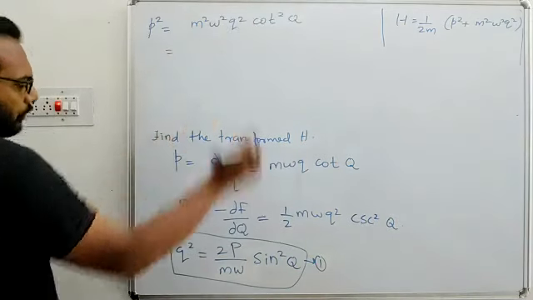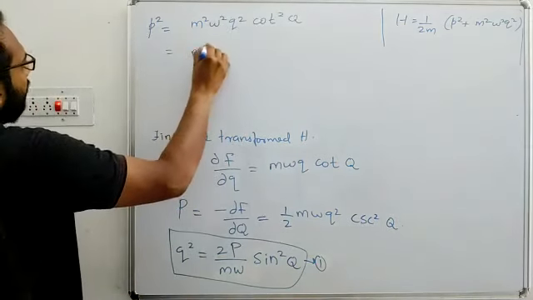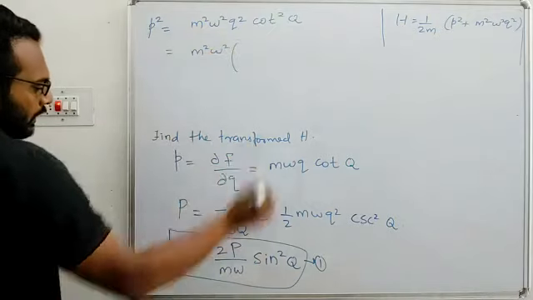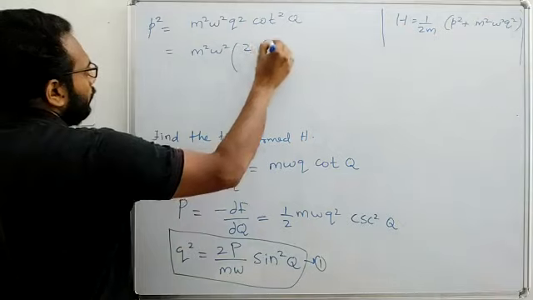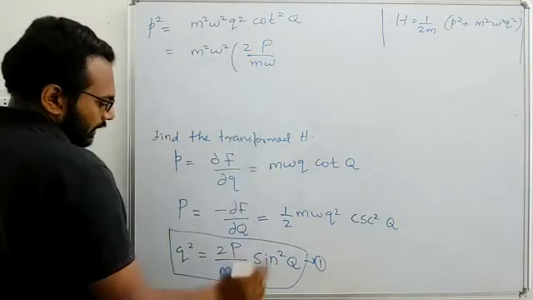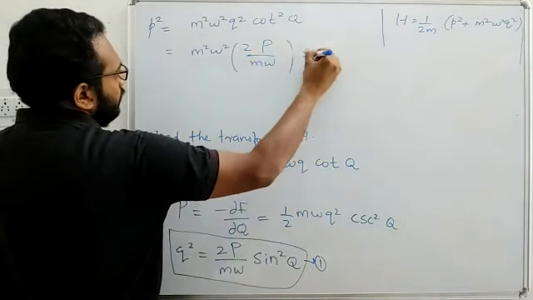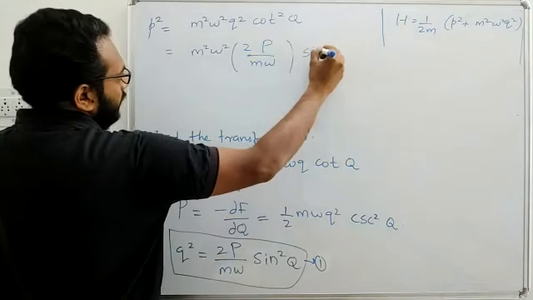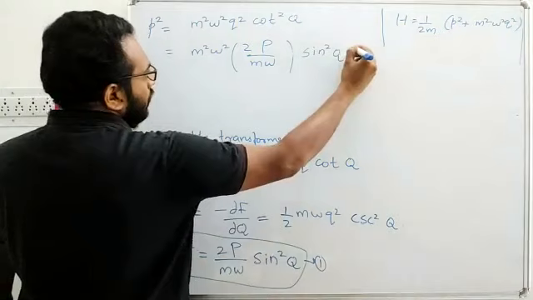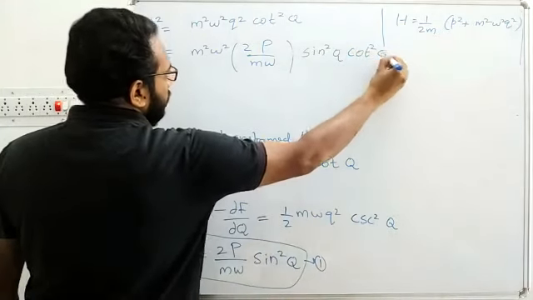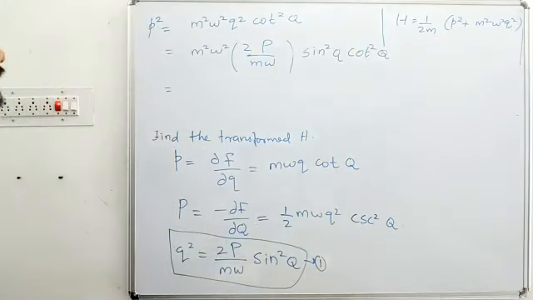Now you substitute for q squared from here. That's m²ω², that is q squared is 2P by mω sine squared Q, cot squared Q. Okay. So that's equal to, cot is cos by sine, am I right?